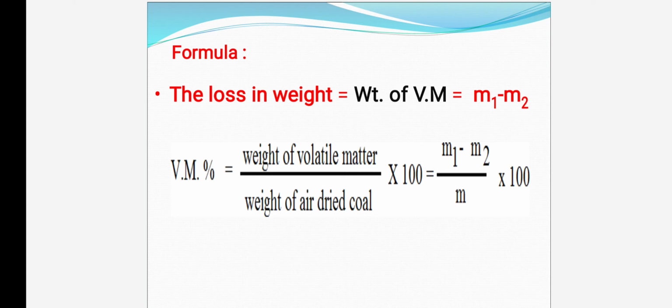So percent volatile matter is equal to weight of volatile matter, that is m1 minus m2, divided by weight of coal sample, that is m, and we have to find percentage, so multiply by 100. By using this formula you can find percent volatile matter.